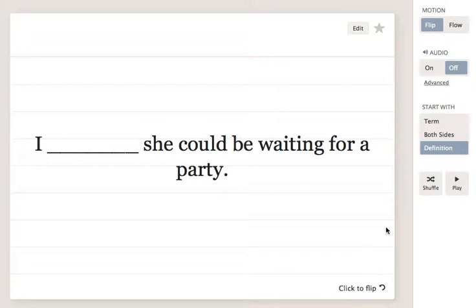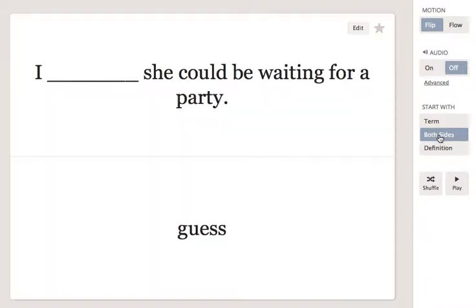Okay, this is shorter, so if we do the same process we did before, it should be easier. First, both sides. I guess she could be waiting for a party. Can you remember the painting? Can you see it? Because sometimes when you're memorizing a phrase like this, actually visualizing the person or the picture helps you quite a lot.